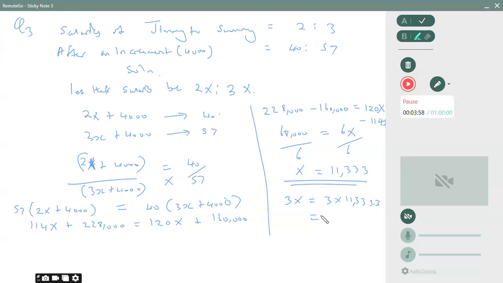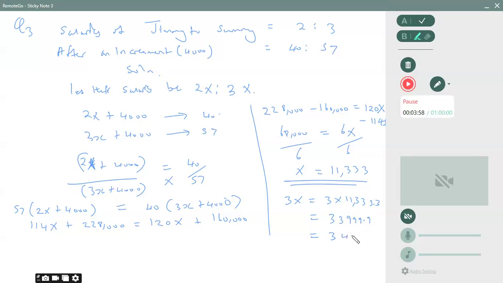So the salary we are getting here is 33,999.9. So in short, it is 34,000.